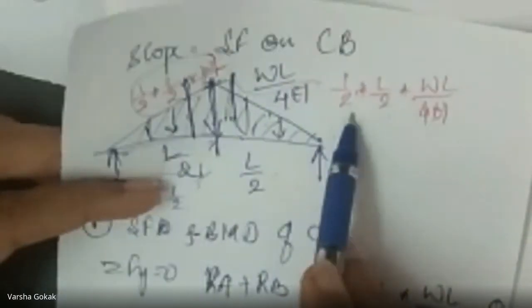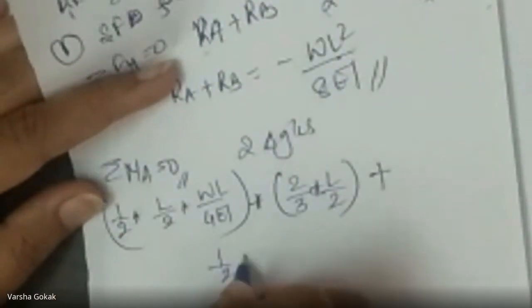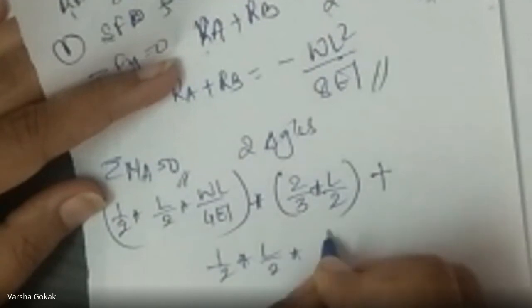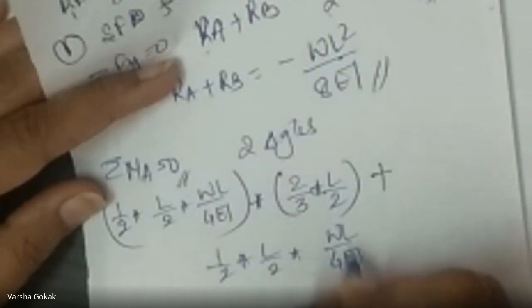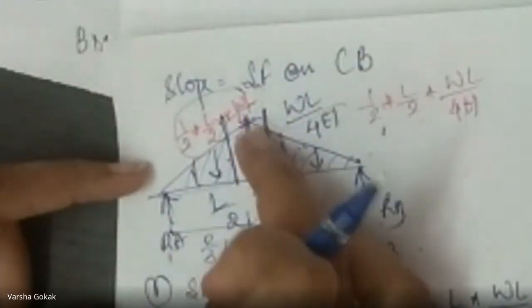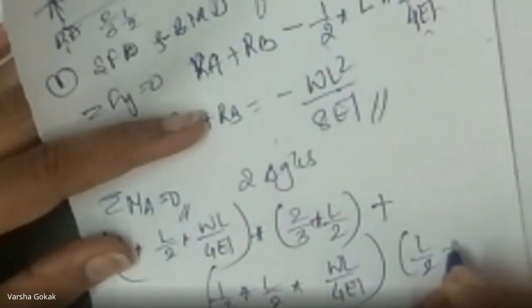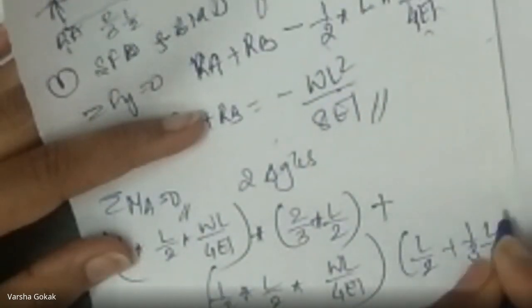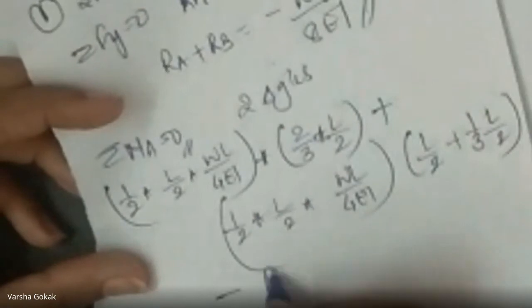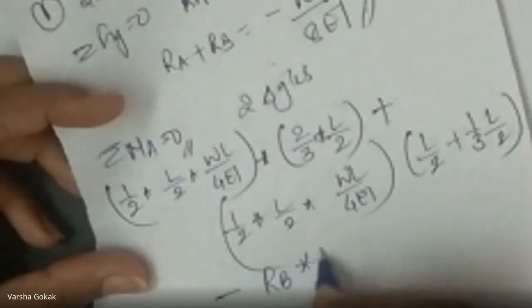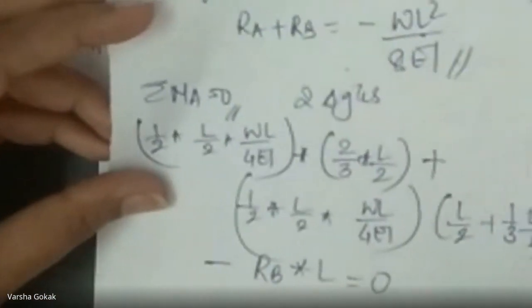Plus this half base into height now, next triangle, half base into height WL by 4EI into perpendicular distance, this is L by 2 plus 1/3 of L by 2. Anything else? Minus RB into L is equal to 0.